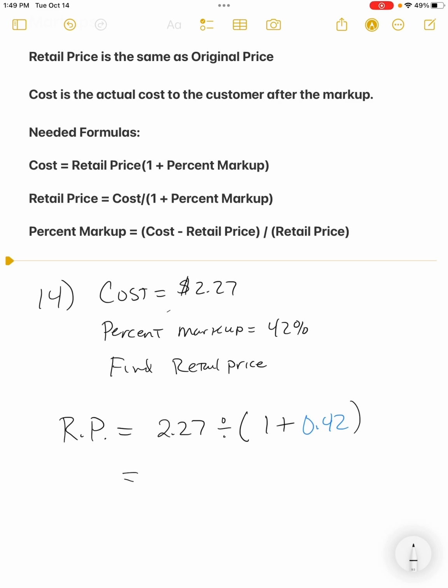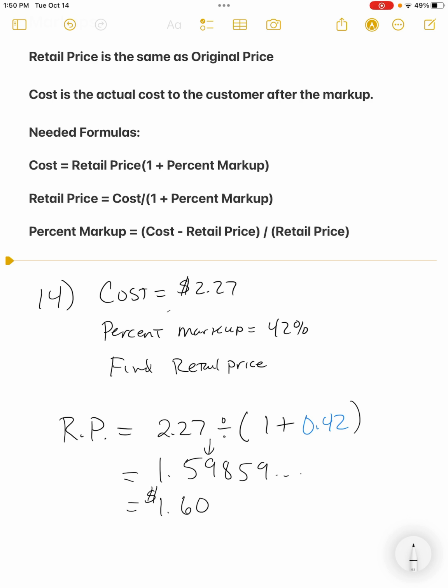I literally just type it in the way I see it, 2.27 divided by, open parentheses, 1 plus 0.42, close those, hit equals, and we have $1.59859, and it just keeps going. We would want to do natural rounding to the nearest cent, and we get $1.60.